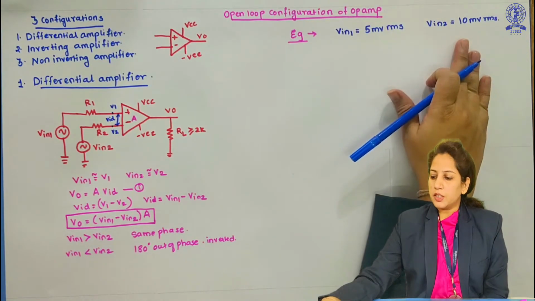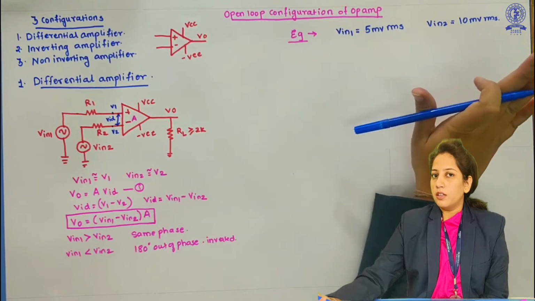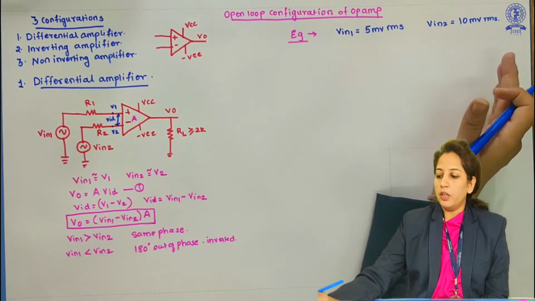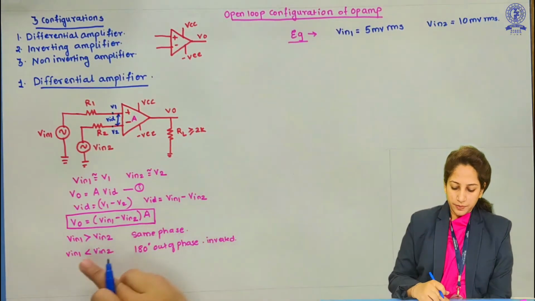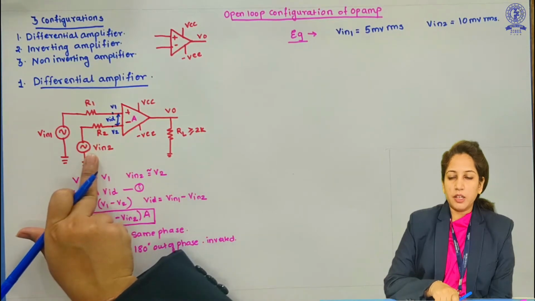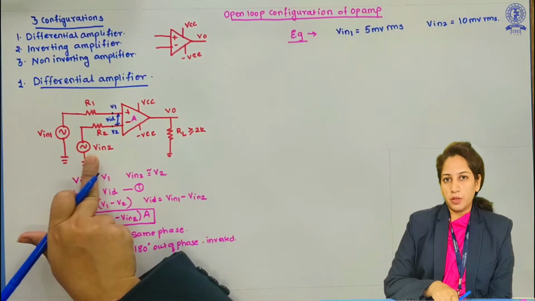Observing these two voltages, we conclude that our output will be in negative polarity. How? Because my Vin2 is greater than Vin1. So on the inverting terminal my input voltage is more, and so I will get a negative polarity voltage.